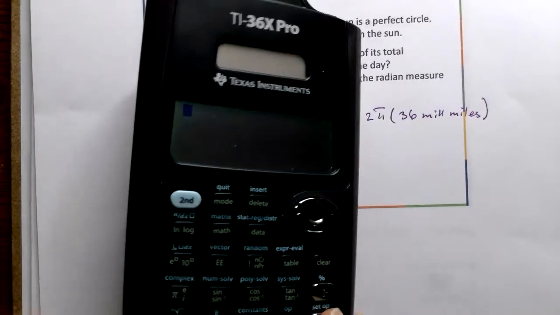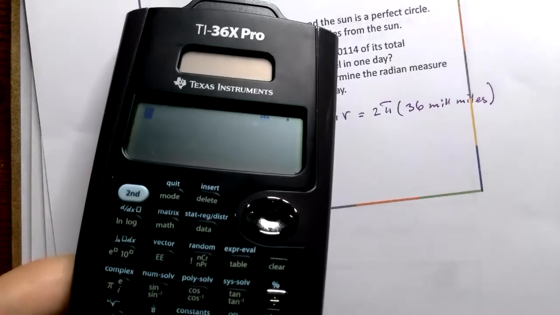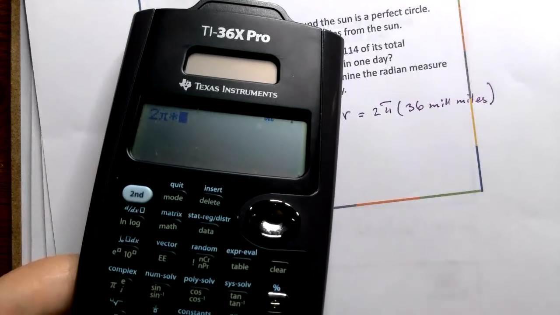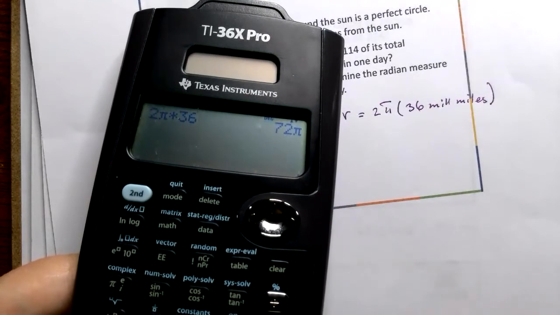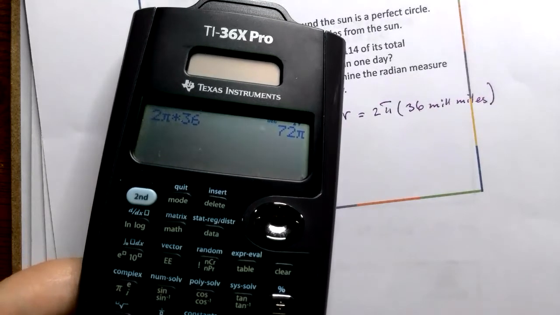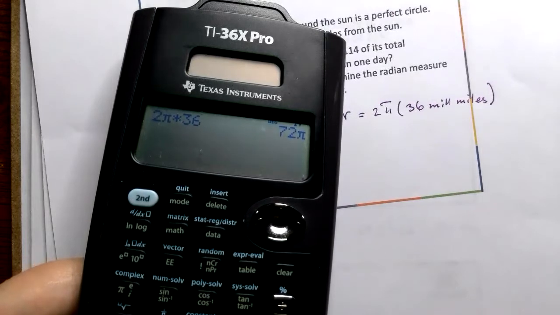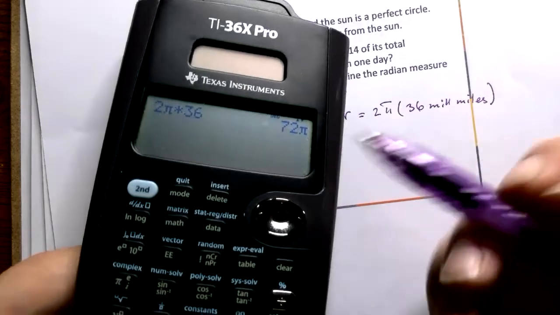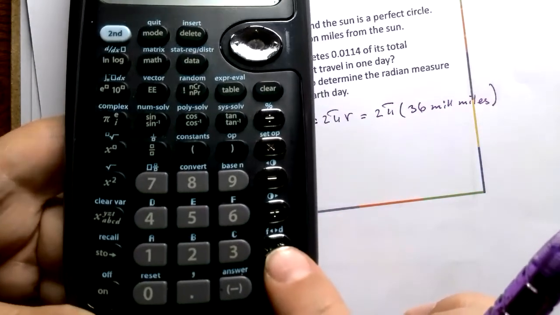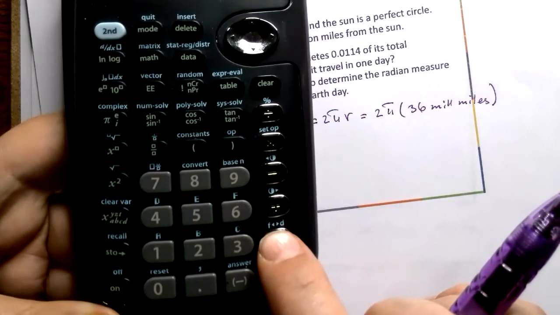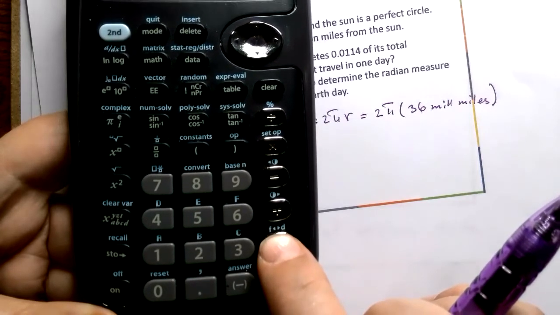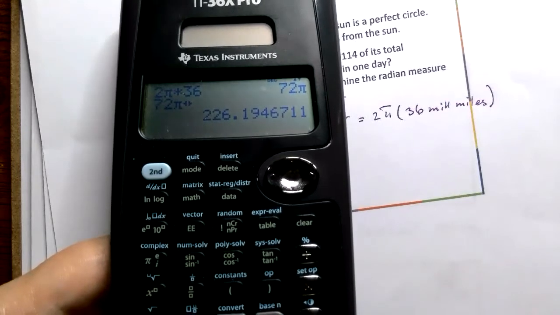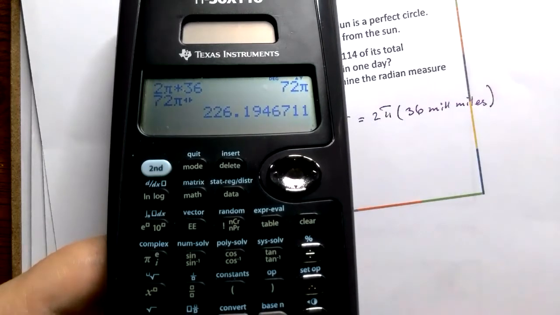We have 2 pi times 36 million miles. We have 72 pi. This is the exact number, but if you want an approximation, there is a button here on this calculator, F to D and D to F. So you just press the button and it gives you a decimal approximation.